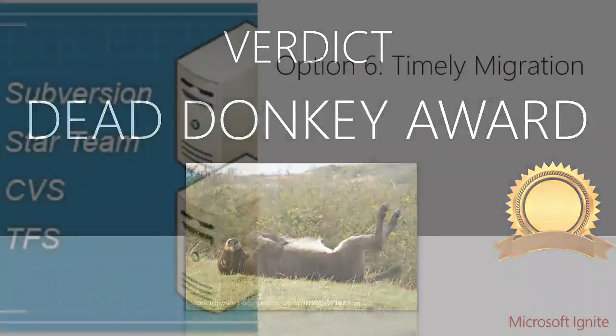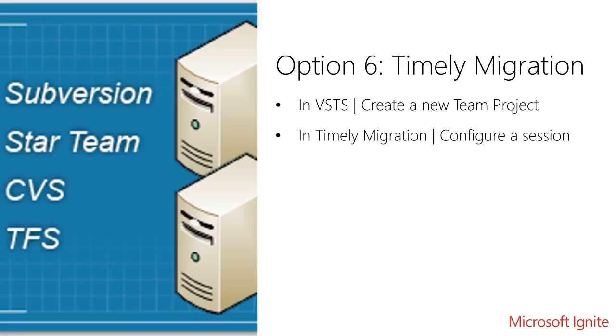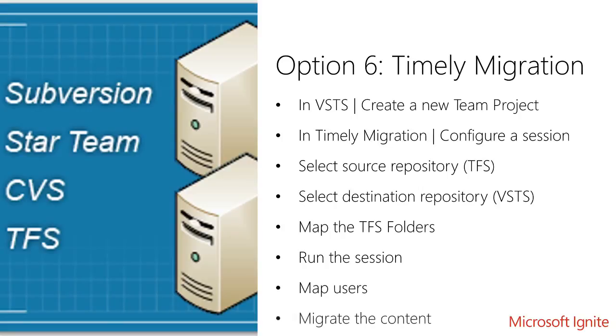All right, so Timely Migration is another tool out there, another commercial offering. This one doesn't have a free version like the other one. You create your new team project, you open up Timely Migration, you configure a session, you select your source repository, you select your destination repository, you map your TFS folders, you run the session on the tool, you map the users, and you migrate the content.